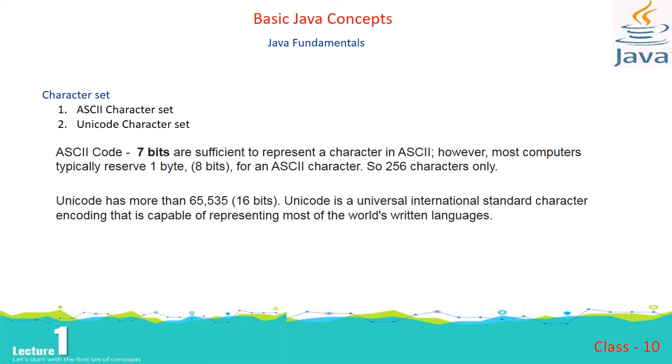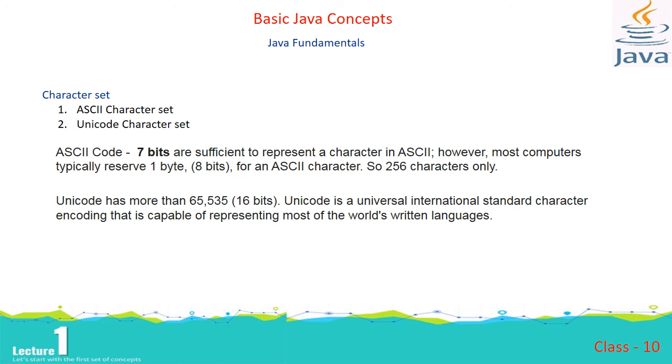However, most computers typically reserve 1 bit, the last bit of the ASCII character. So we have 256 characters only which we can represent with the help of ASCII. This code was used in earlier programming languages.